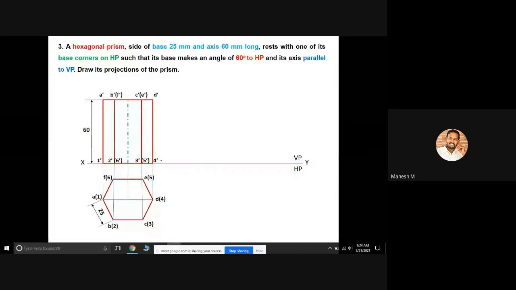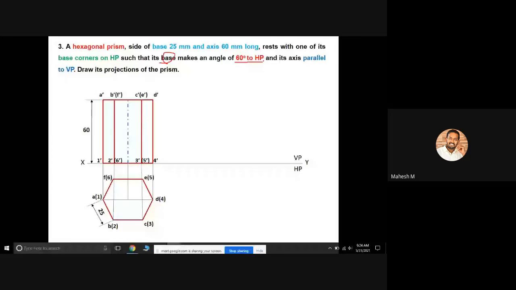Okay. So next you have to create an inclined front view and top view. On the condition, nama solliralam. So please look at this condition such that its base makes an angle of 60 degree to HP. இன்னொரு hint தர, நோட் பண்ணிக்கங்க.